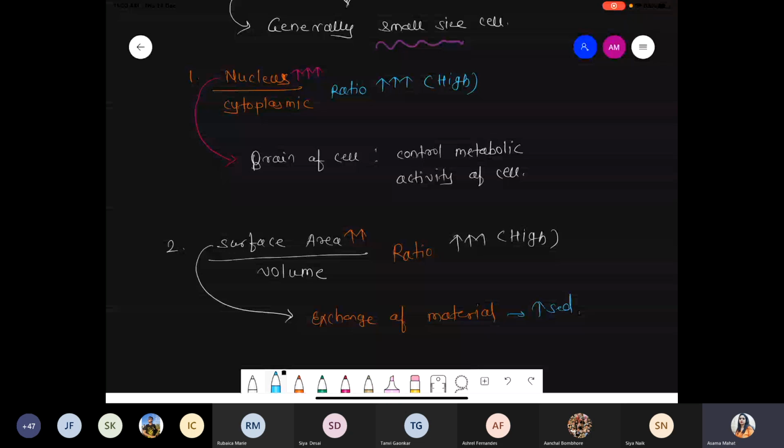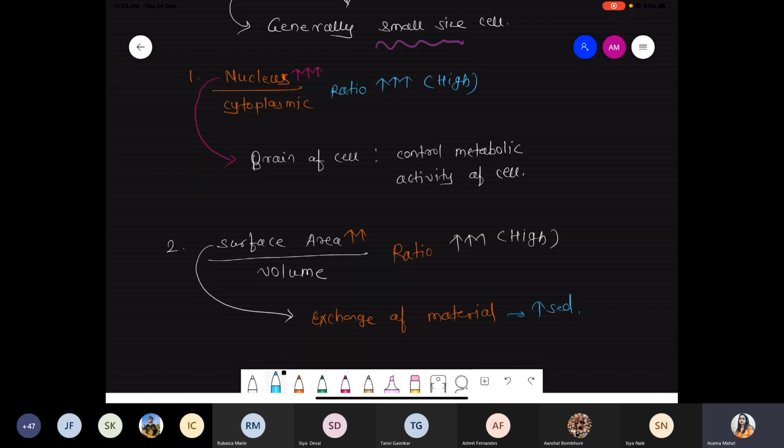So obviously absorption करना पड़ेगा, absorption of water, absorption of mineral, absorption of the food. So that's why for the absorption purpose, for the uptake, for the exchange of the material, small size cells, those are metabolically active, they have more surface area.